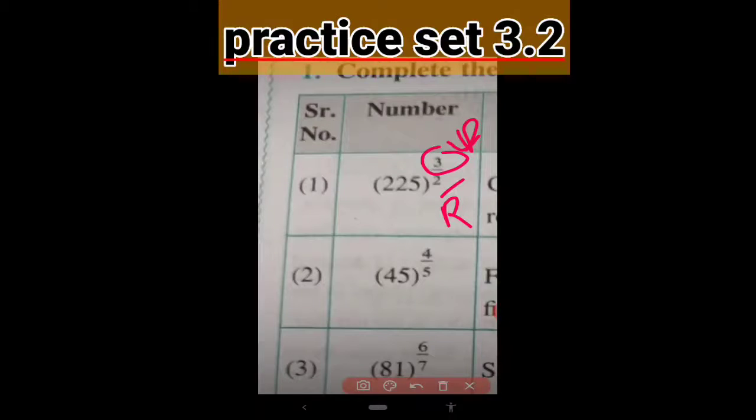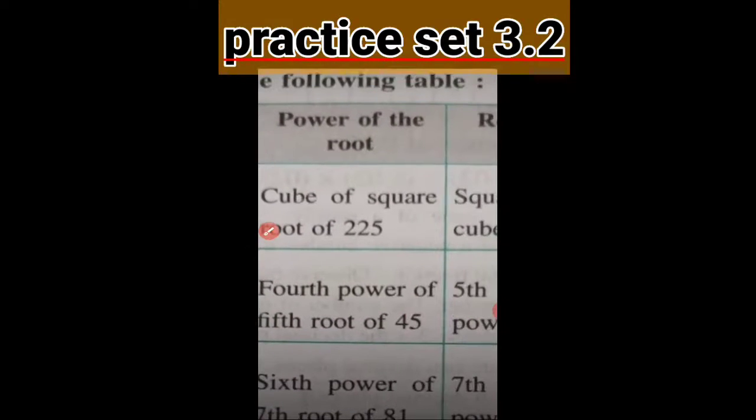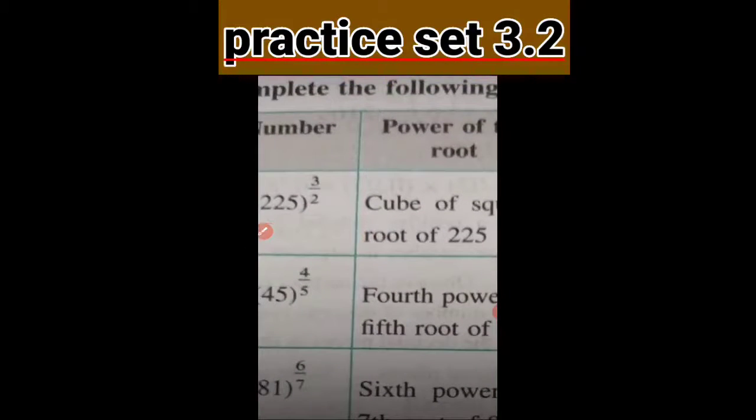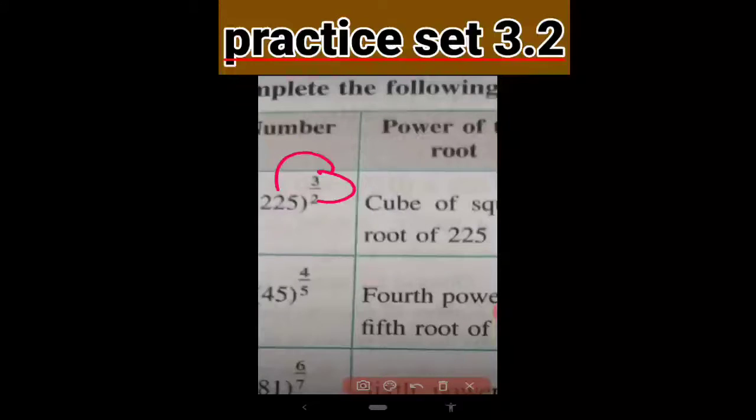When we start from the power, 3 is the power, so it is the cube of the square root of 225. Now the second way: the square root of the cube of 225.